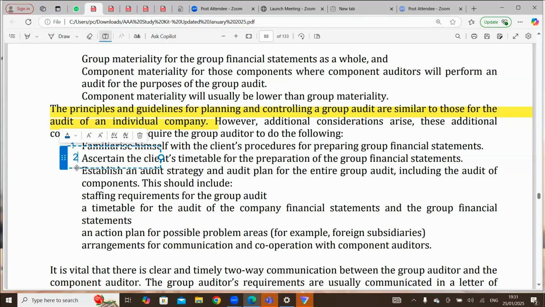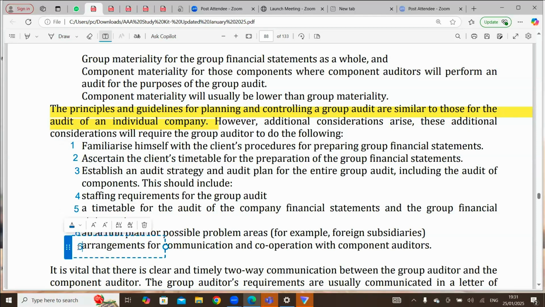Staffing requirements, a timetable for the audit, action plans, and then arrangements for communication with your component auditor.